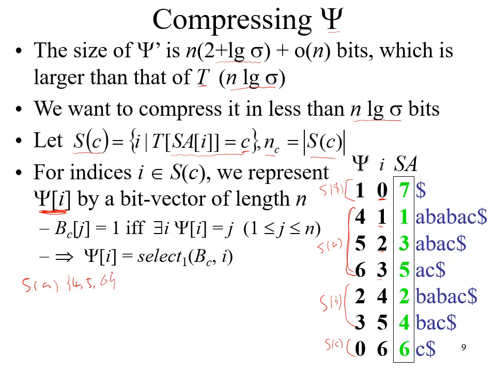So we represent this set by a bit vector B A: 0, 0, 0, 1, 1, 1, 0, 0, 0. Okay, so for, sorry, not this, not this.